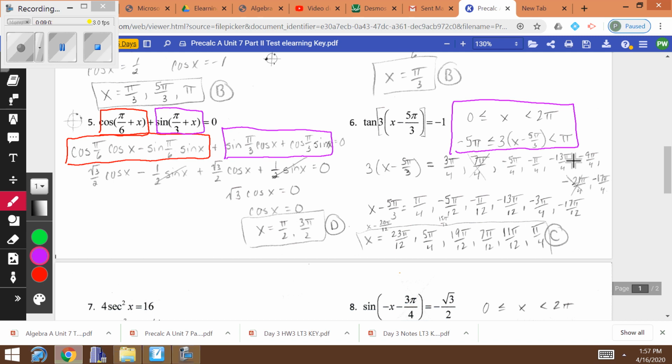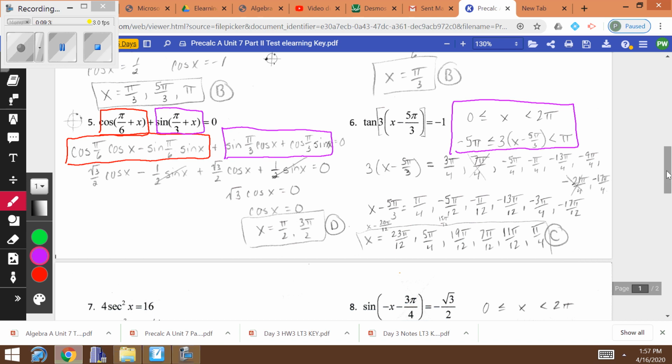I kept subtracting 2 pi until I got something that was smaller than that negative 5 pi out of that interval. So negative 21 pi over 4, that would be negative 5 1/4. That was too small, so I stopped there and really had 1, 2, 3, 4, 5, 6 different numbers along the way there. Then I could multiply by 3, and then I could add 5 pi over 3, and that's how we got all 6 of those answers.